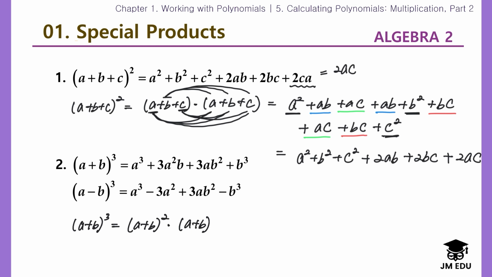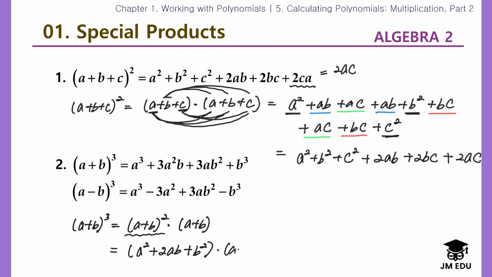A plus b is multiplied 3 times, right? So that is equal to, we know this already, (a + b) squared, that's a squared plus 2ab plus b squared.